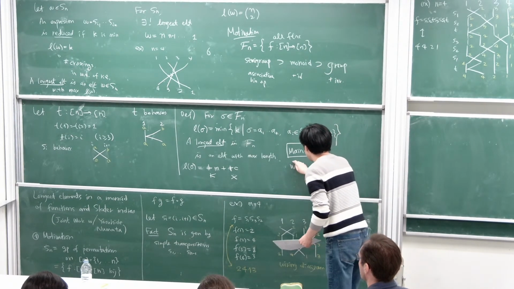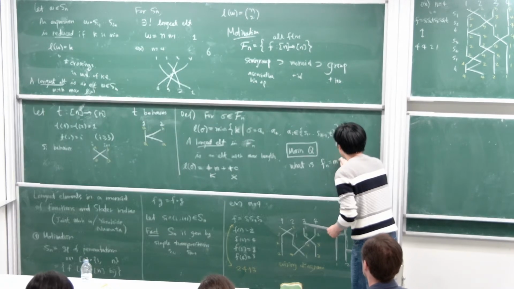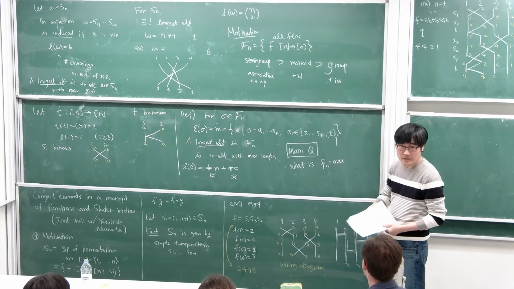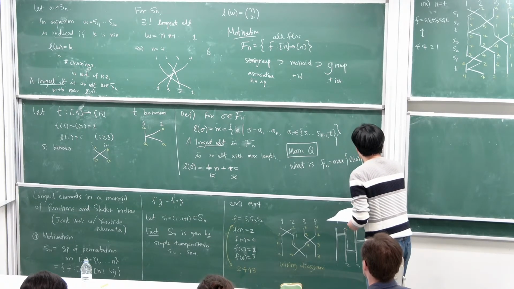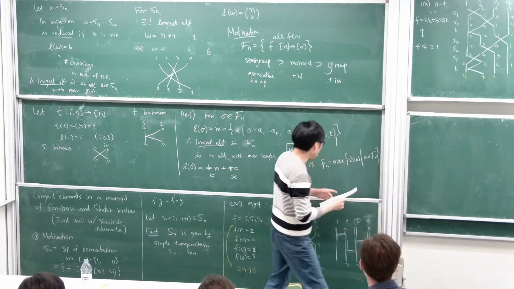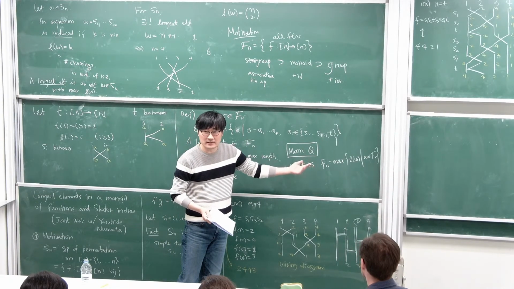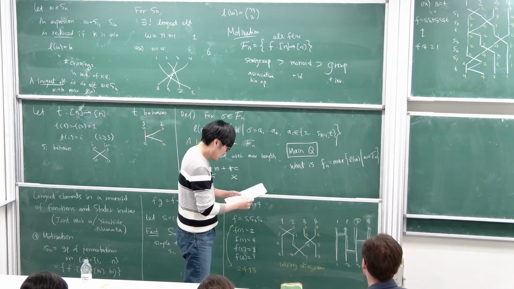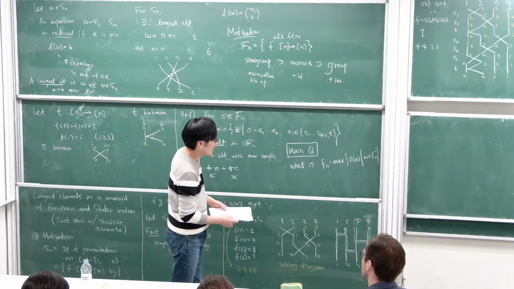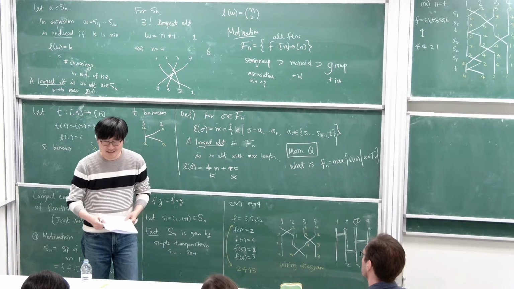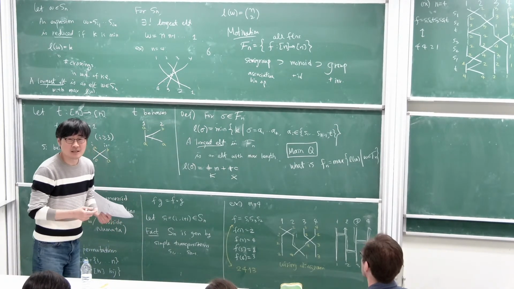So what is the maximum length in Fn, the length of the longest element? For the permutation case, we know this is n choose 2. It looks like a naive question, but we discovered that it's quite hard. We couldn't solve it.